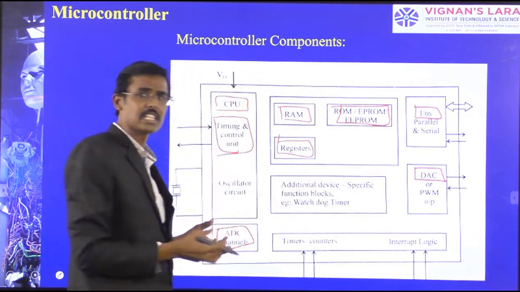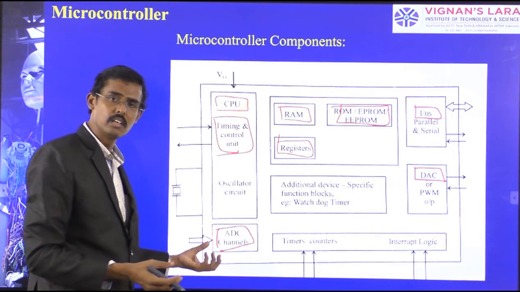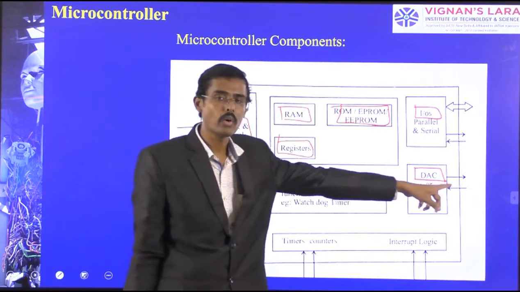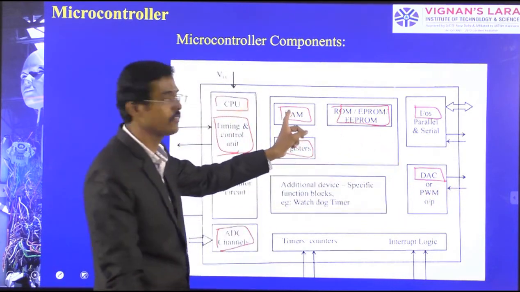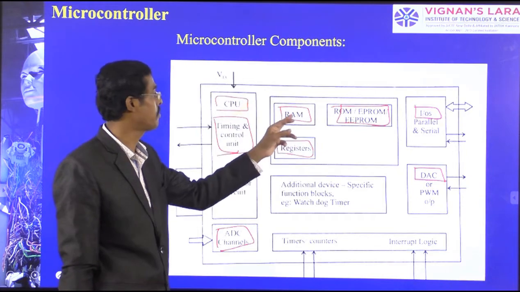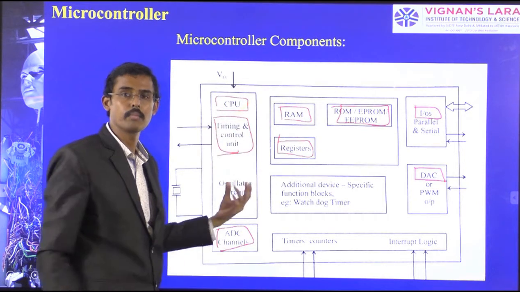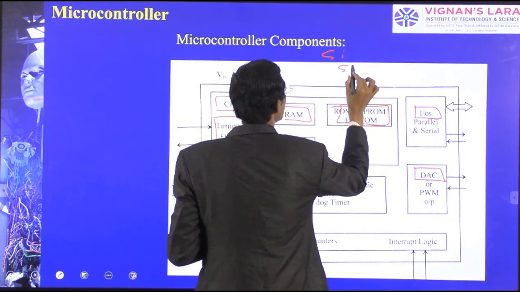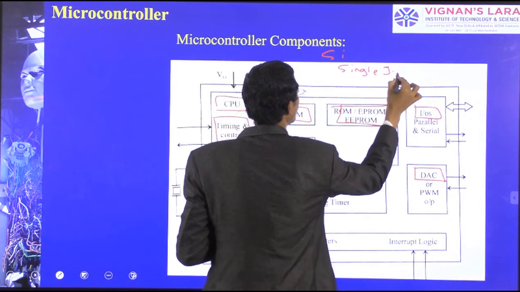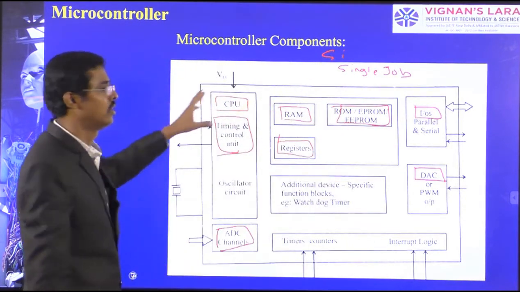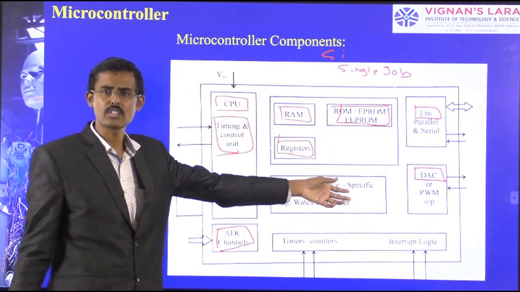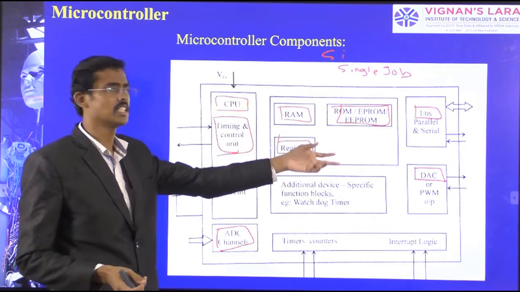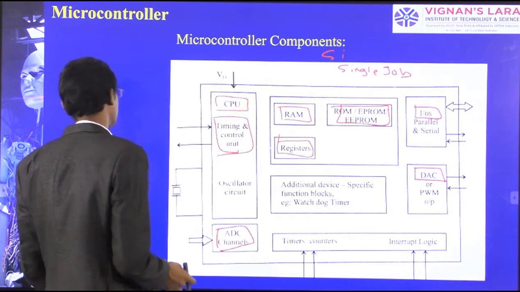So these are all fixed in amount. I want to receive a signal which is analog and convert it over. There is only one input, and I am going to do one output. Specific task, specific fixed RAM and ROM, and then a CPU and a processor to do a single job. So this is the setup or sketch of the microcontroller. We can say this is the internal architecture of the microcontroller.